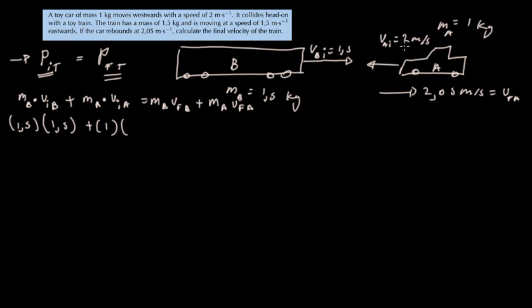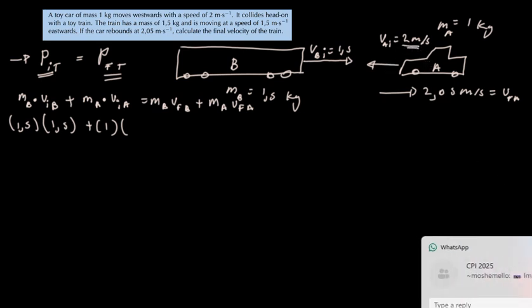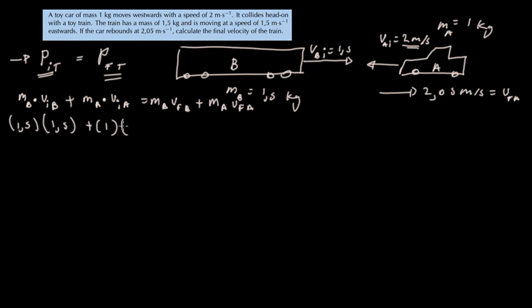Now let's take this as negative, negative 2, equals mass B, which is 1.5 multiplied by final velocity of B, what we are looking for, plus mass A, which is 1, multiplied by the final velocity of A. It's going to the right, means it's positive 2.05.